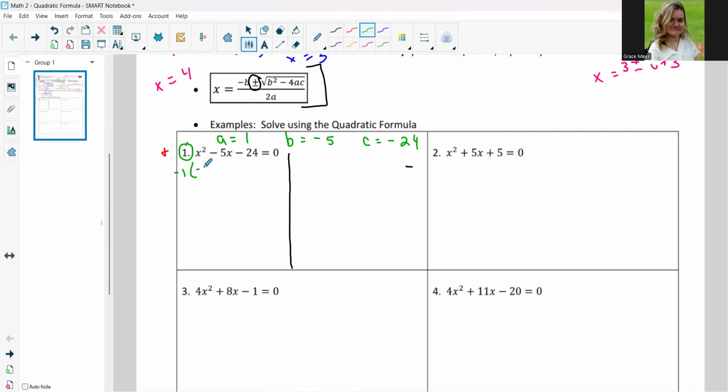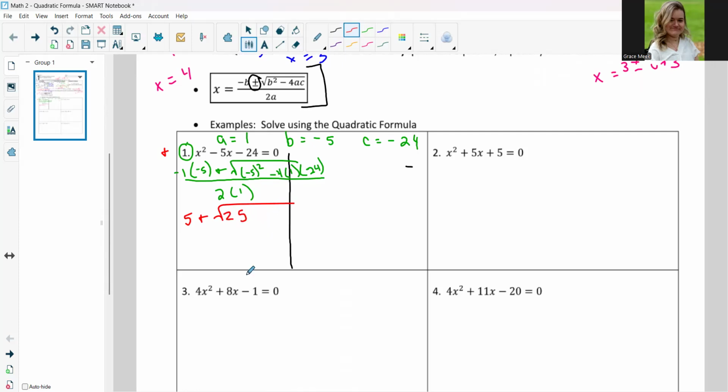So I'm going to do -1 times -5 plus the square root of -5 squared, put that in parentheses, minus 4 times 1 times -24, all divided by 2 times 1. Then you just simplify it from here. You would have +5 because it's -1 times -5, plus -5 squared inside the parentheses is 25.